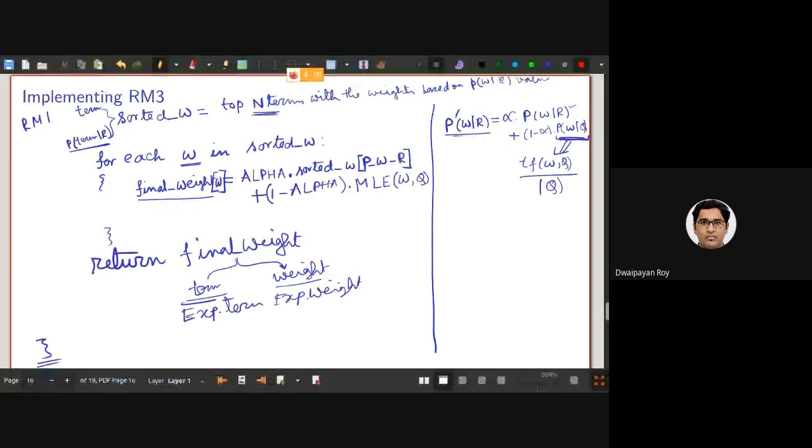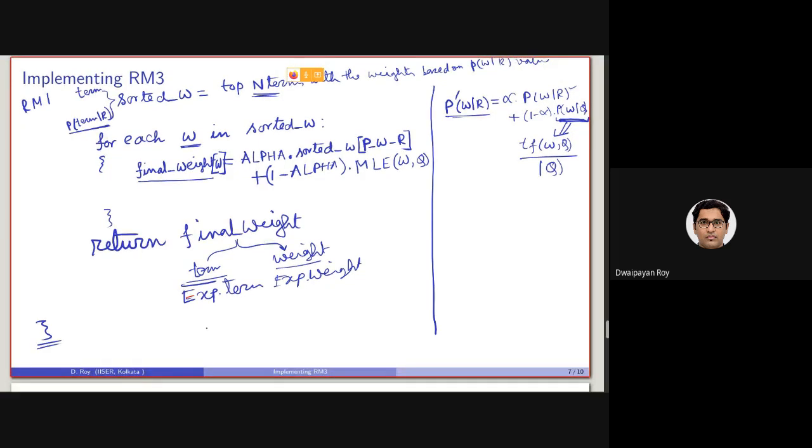We'll use those terms as the actual expansion terms, and based on that we'll perform re-retrieval with Q, the original query (in RM3, Q is already incorporated), together with the terms in this final weight.